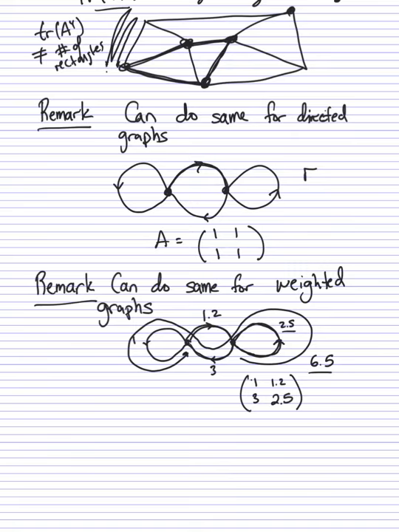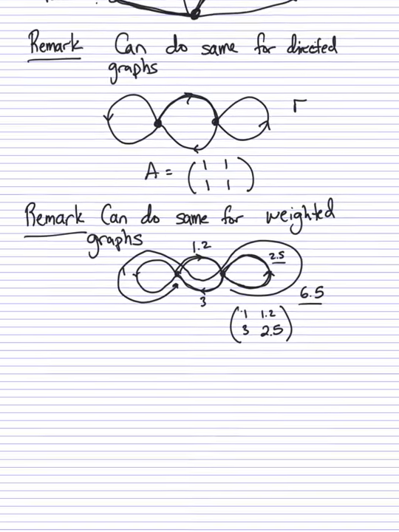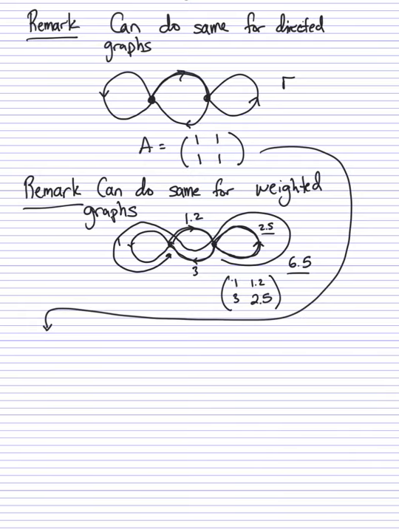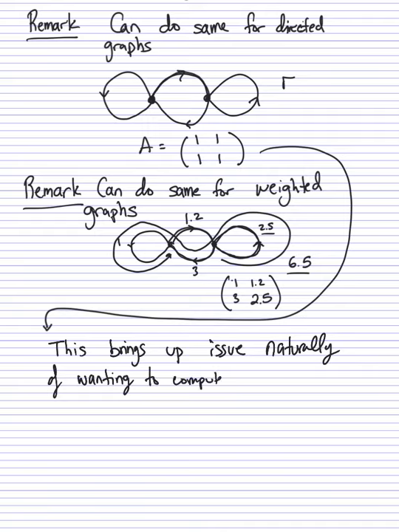All right. Let me maybe stick to non-weights for now. I want to go to this example again. What this brings up naturally is an issue of wanting to compute traces of large powers of matrices.